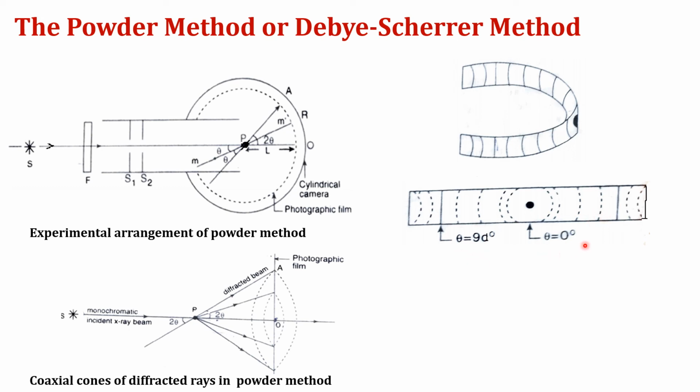As theta approaches 90 degrees, the cones which strike the photographic film become flat. Again, when theta increases beyond 90 degrees, the arcs which appear on the film, the traces, get reversed, and exactly at 180 degrees it becomes circular.